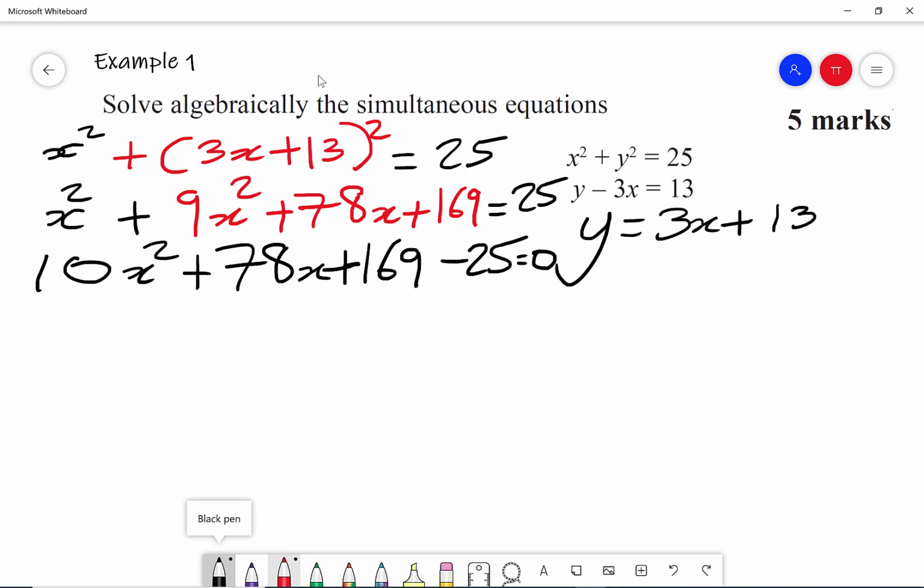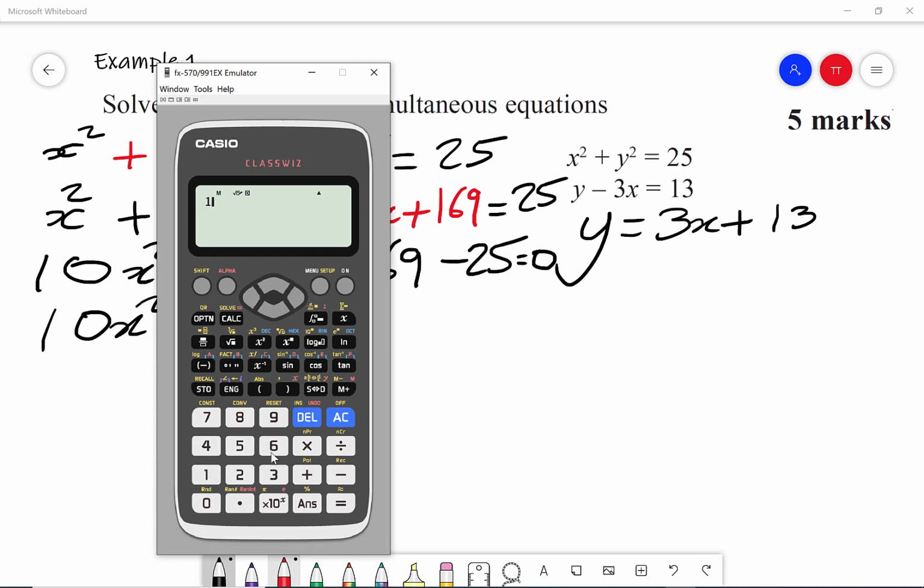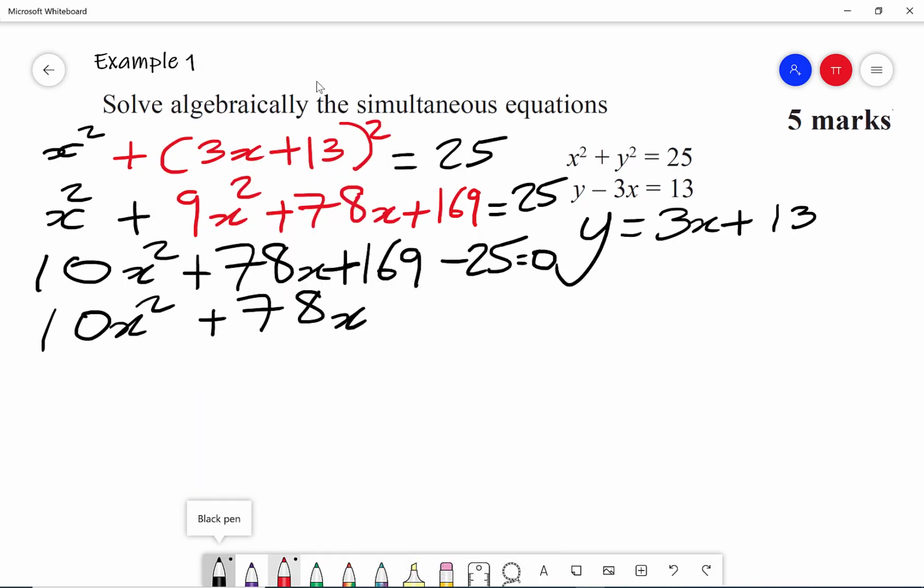So this will give me 10x squared plus 78x, and then we're going to do 169 minus 25, that will give me 144. So I get plus 144 equals 0.